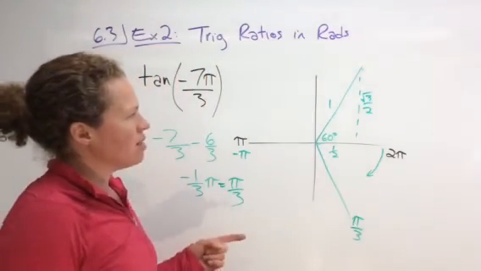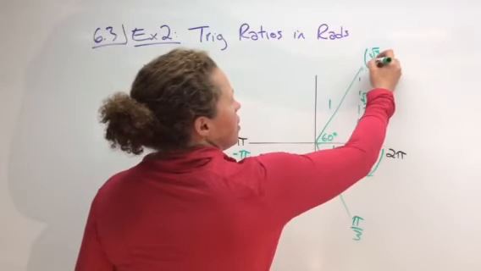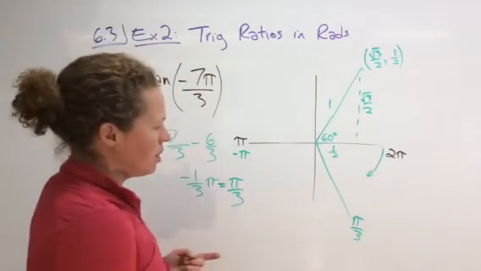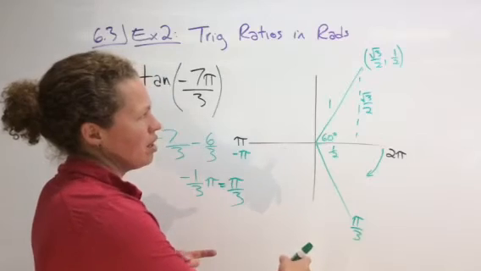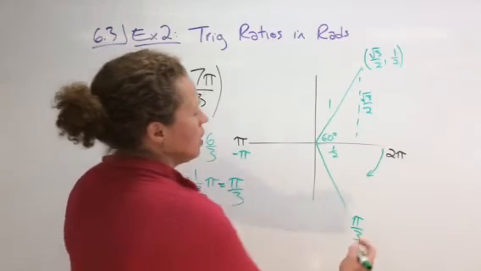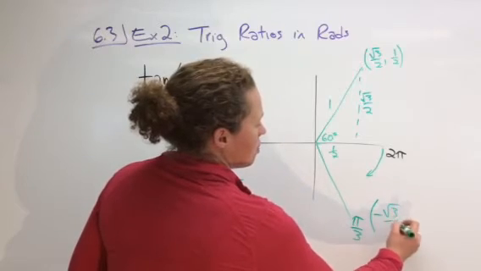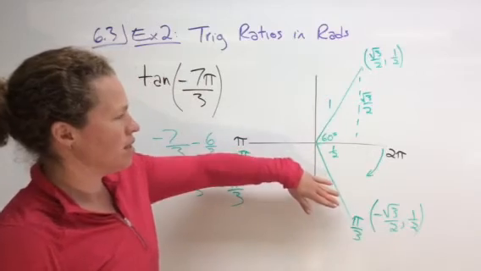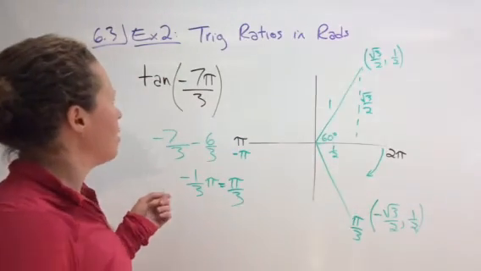So if that's the case, then this point would be √3 over 2 and 1/2, and therefore this point would be the same but with a negative y value. So our point down here should be negative √3 over 2 and 1/2 because we have simply flipped this over the x-axis.